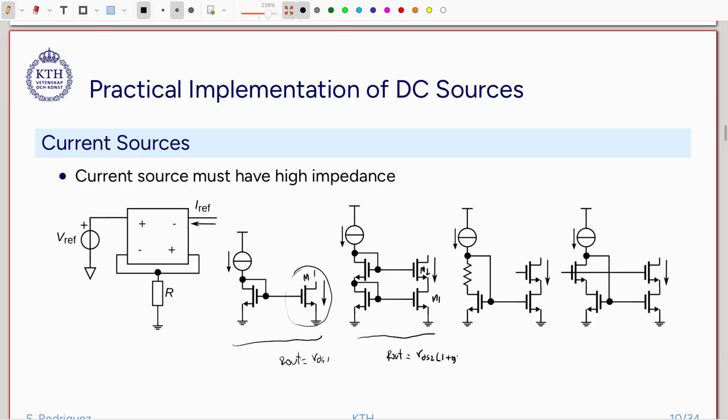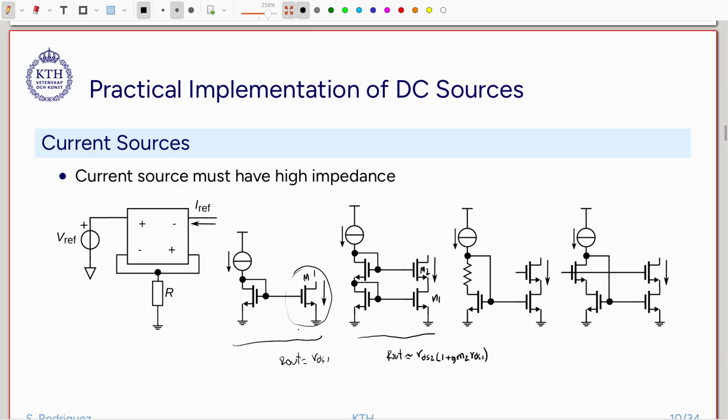That will be 1 plus gm2 times rds1, and this is approximately so. This is much higher than the one on the left, that's just the current mirror.